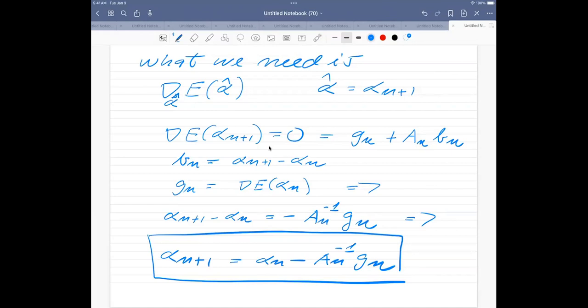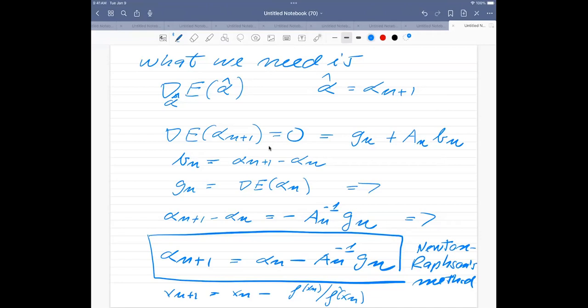You have probably seen this in the disguise of x n plus 1 equal to x n minus the function value at x n divided by the derivative at x n, right? This is the formula which you probably have seen in normal textbooks for just one variable, x. So this is nothing but the Newton-Raphson method for finding the root of a function.